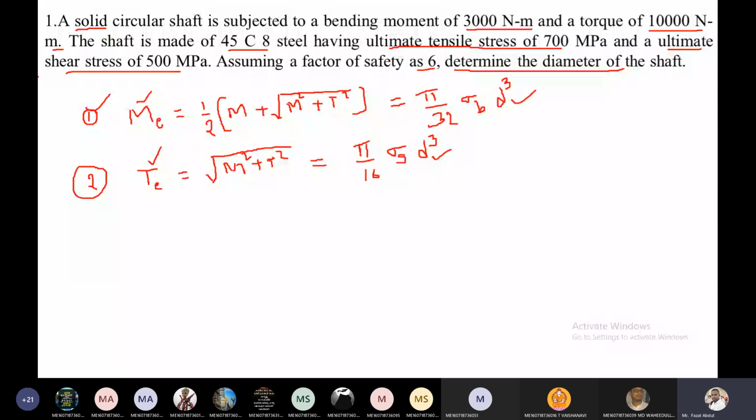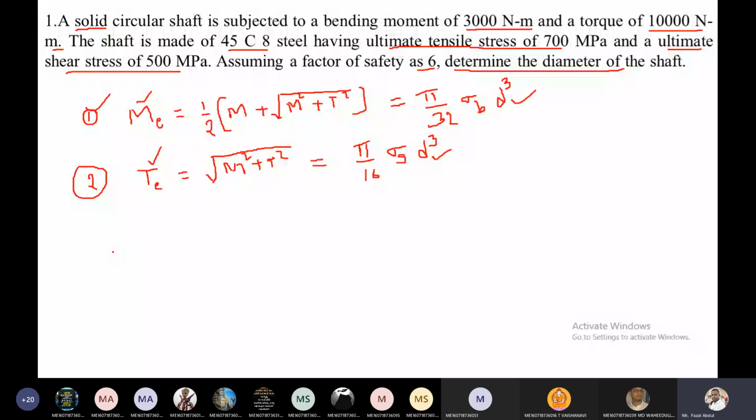Here one relation is given by the factor of safety. What is the definition of factor of safety? It is the ratio of maximum stress to working stress. The general meaning is factor of safety equals maximum stress by working stress.